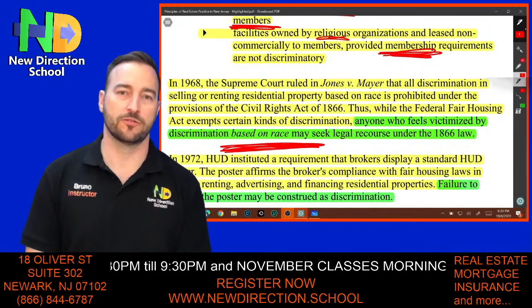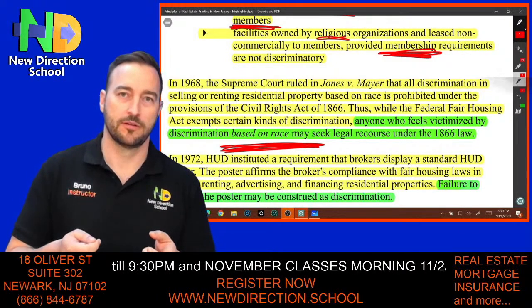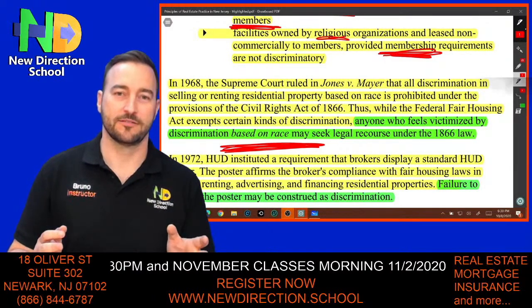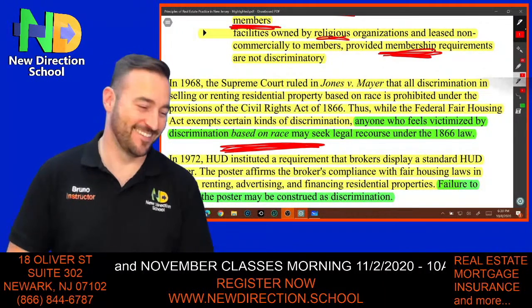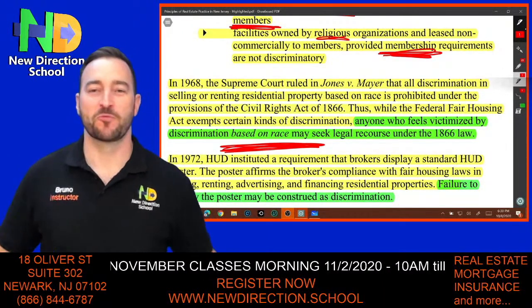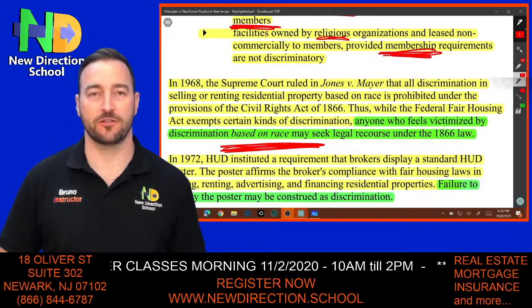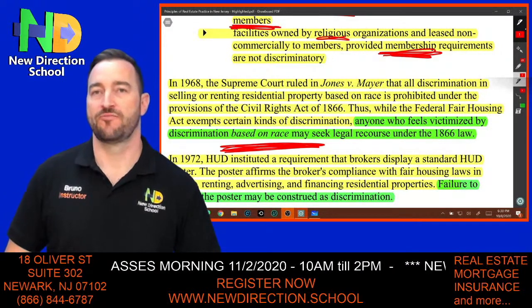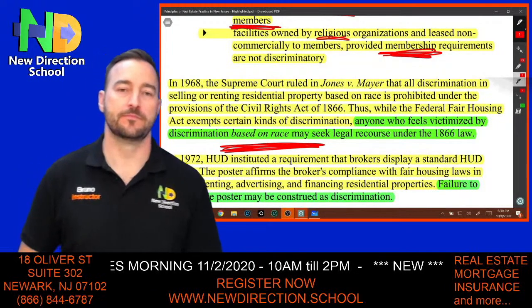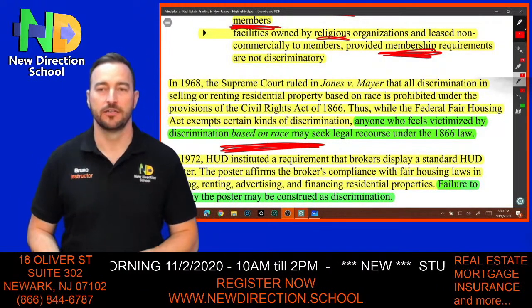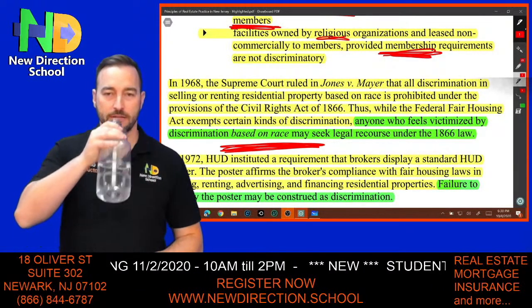Erica, you don't need to write. There's paper. You don't need to write it there. But write this down somewhere, because this is true for federal law. This is true for state law. Any state follows the same rule. If it's based on race, you cannot discriminate.